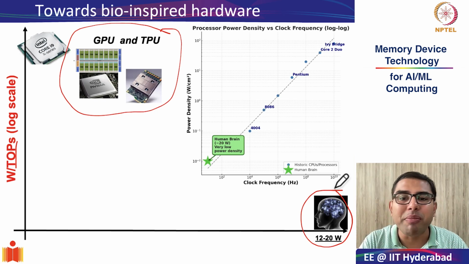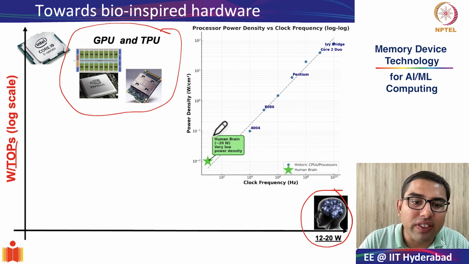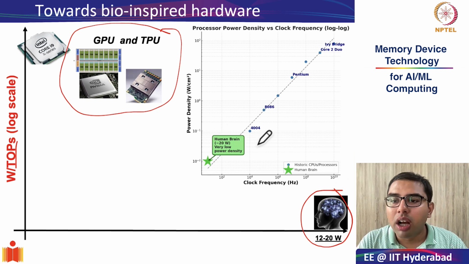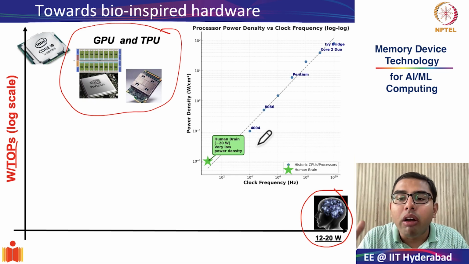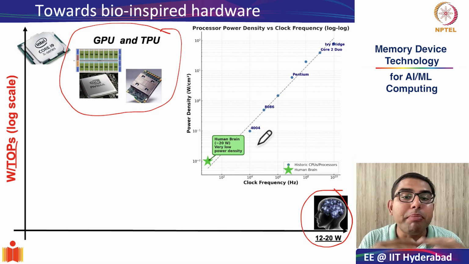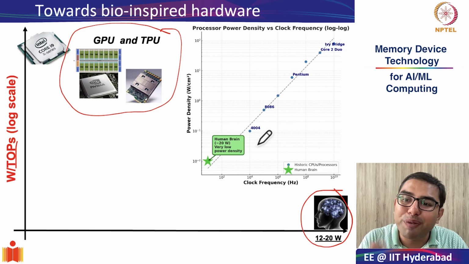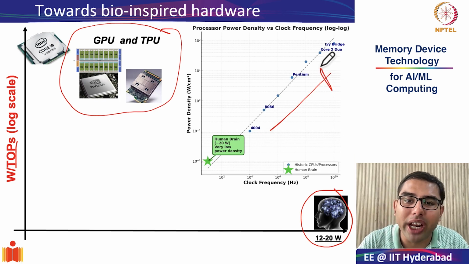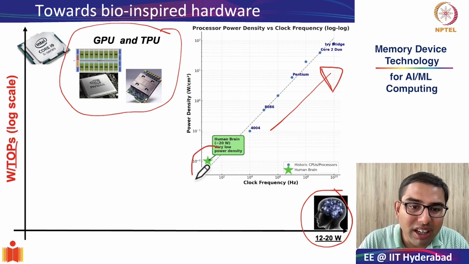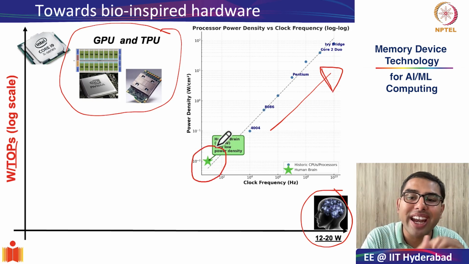But we had given you some hints saying that while the trend of modern day computing is that you just keep reducing or shrinking the dimensions of your transistor, and therefore you can operate these circuits at much larger clock frequencies, as the clock frequency increases, the power density basically shoots up exponentially. But if you look at the human brain or biological computation, it is at the other end of the spectrum.